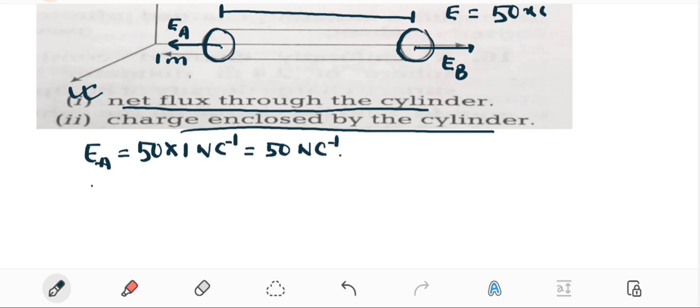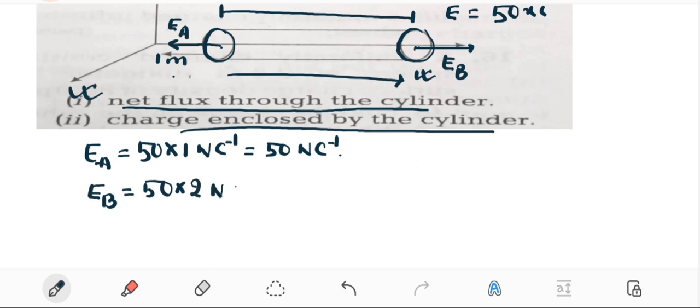Now for the magnitude of electric field along the right face, that is EB, it is equal to 50 multiplied by, this face is at a distance of 1 plus 1, that is 2 meter, Newton per Coulomb, which is equal to 100 Newton per Coulomb.